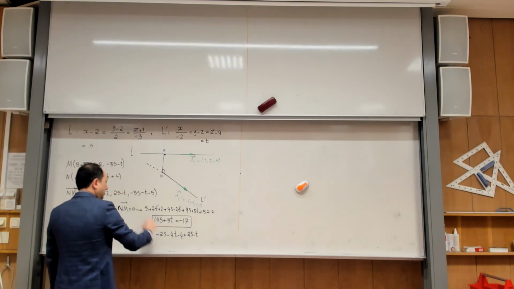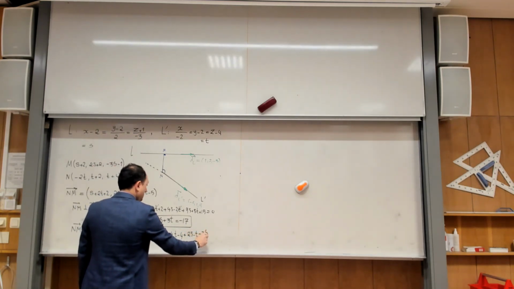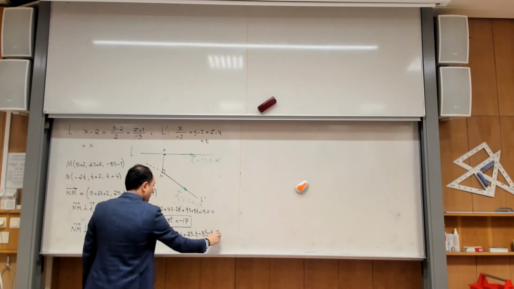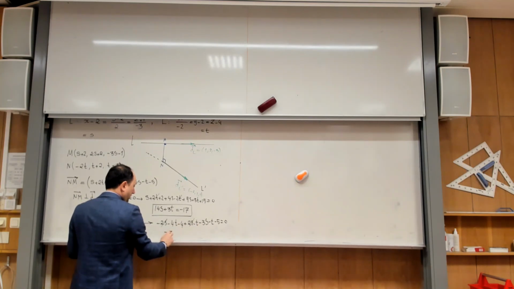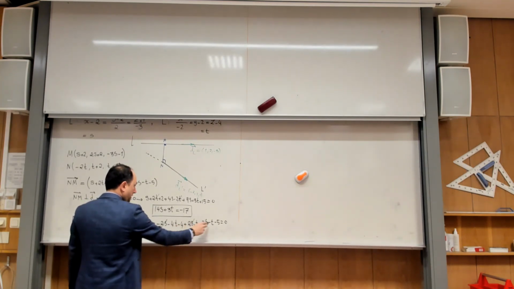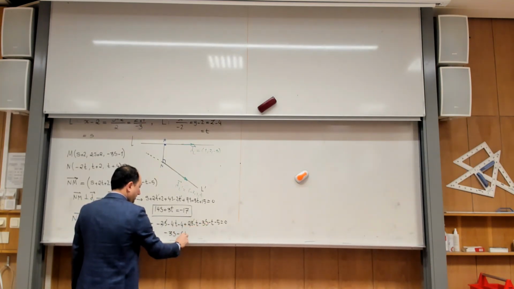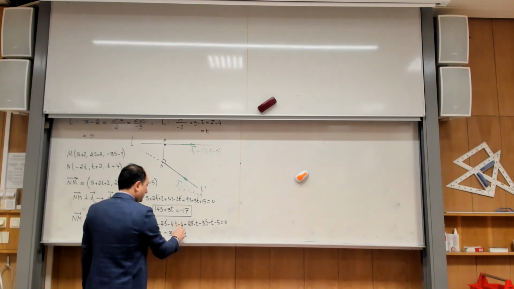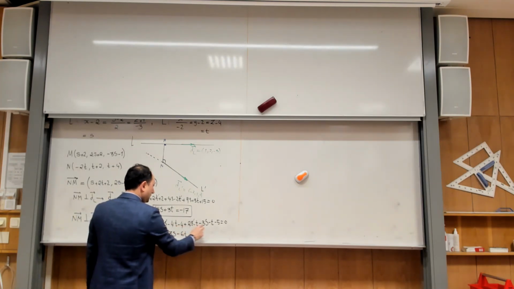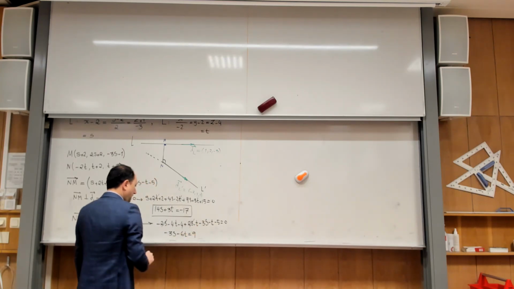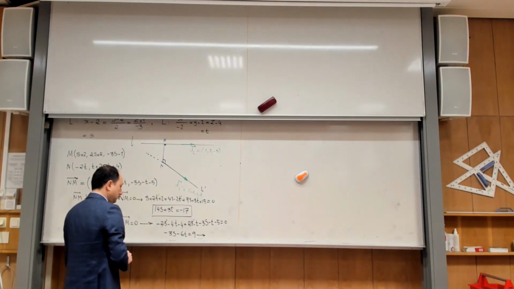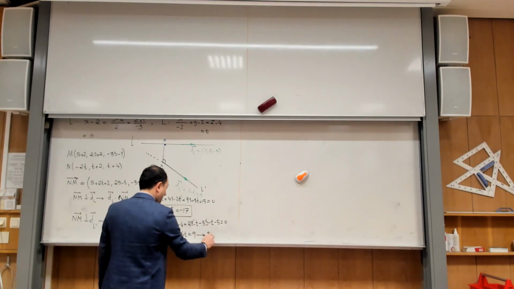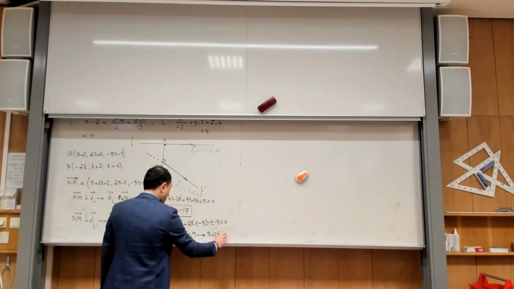I multiply 1 here, minus 3s minus t minus 5, which should also be equal to 0. The 2s and 2s cancel, so I have minus 3s minus 4t minus t minus t, minus 6t. And then I have minus 4 here and minus 5 here, minus 9. I move it to the other side, 9. And I divide by minus 3, yes? So this becomes s plus 2t is minus 3.